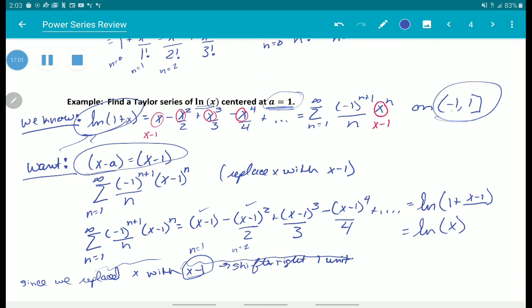So if I take this negative 1 to 1 and I pick it up and I move it to the right 1 whole unit, negative 1 is going to go to 0, positive 1 is going to go to 2. So then our new interval of convergence, without having to go through that ratio test, without having to test the endpoints, we can just think about this in terms of transformations, going way back to 171.